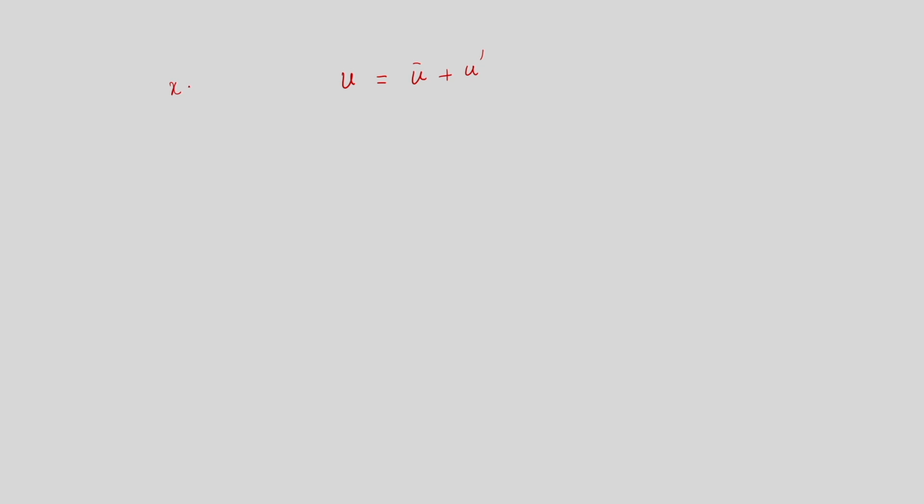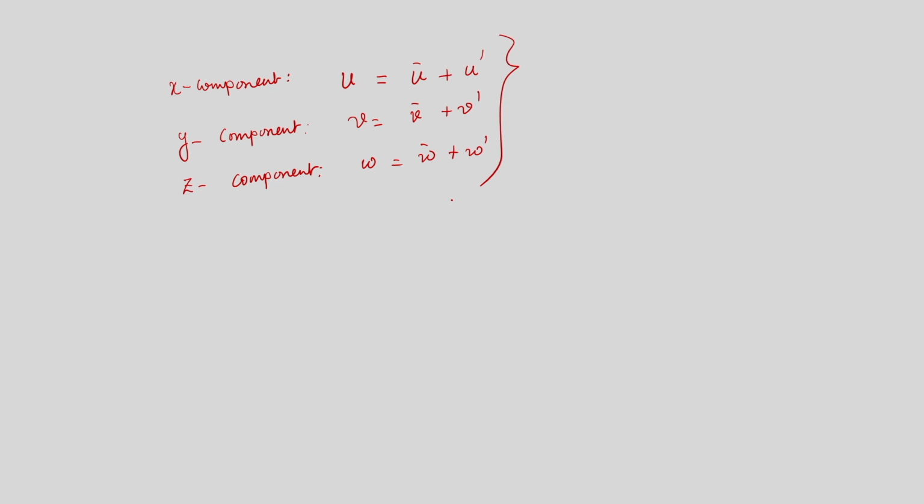Similarly, the y component velocity is v equal to v bar plus v prime, and the z component velocity is w equal to w bar plus w prime. So, the velocity components in a turbulent flow can be characterized by two different parts.